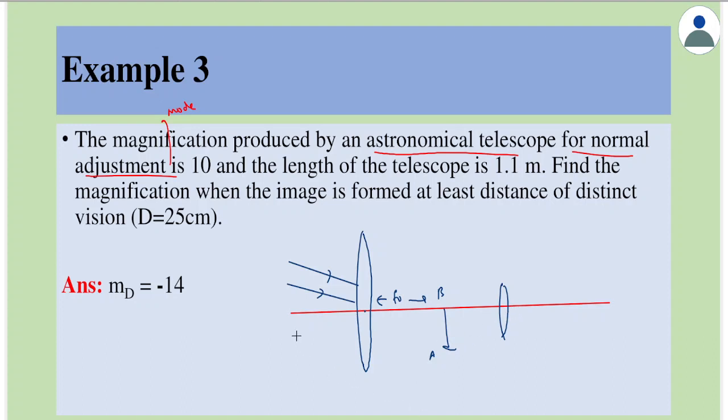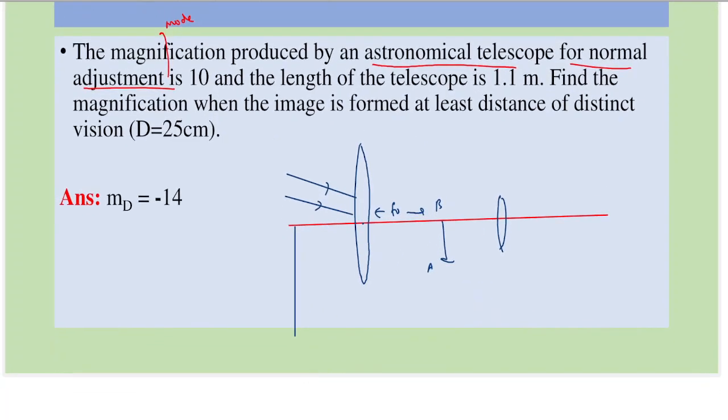Because of this, the final image A dash B dash is formed somewhere here. The distance from AB to the eyepiece would be UE, because this acts like an object for the eyepiece, and the image distance would be VE. Here also, the length of the tube is f naught plus UE.